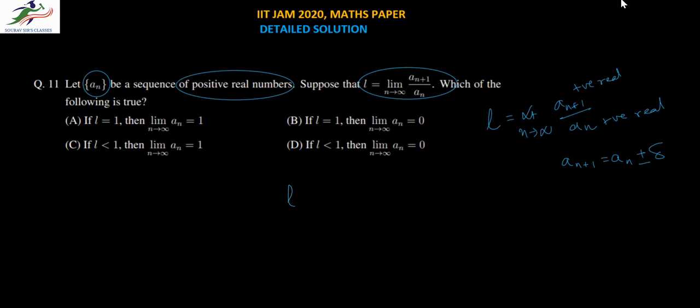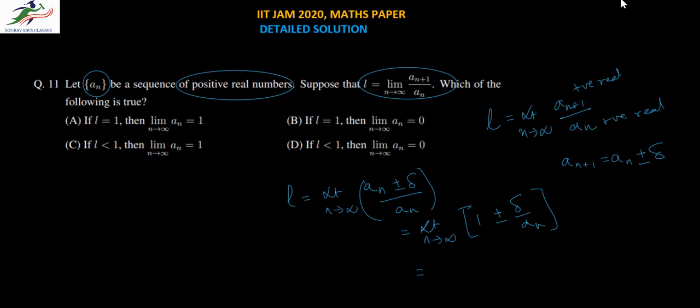So we can write L as limit n tending to infinity of an plus or minus delta over an, which means that this can be written as limit n tending to infinity of 1 plus or minus delta over an. So this is nothing but 1 plus or minus limit n tending to infinity of delta over an.